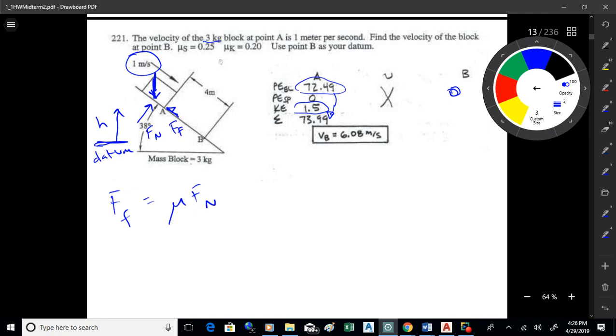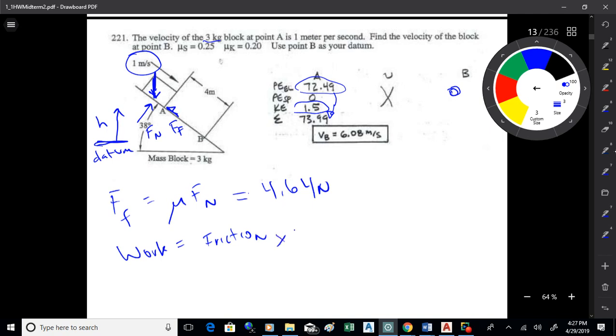So what you want to do there is find that friction, which ought to be 4.64, okay, when you work through that. And then the work then is the friction times the distance, because the friction acts in the same way as the displacement. Okay, so that's the work.